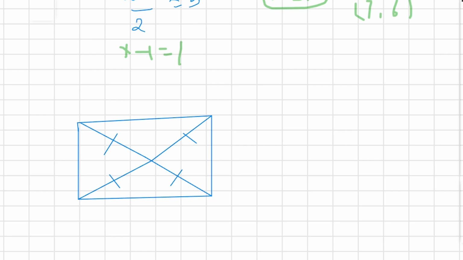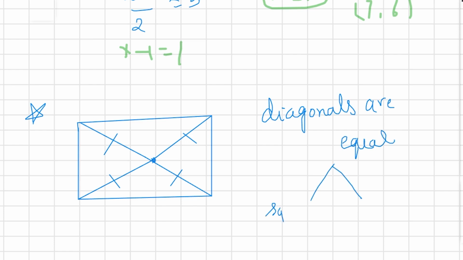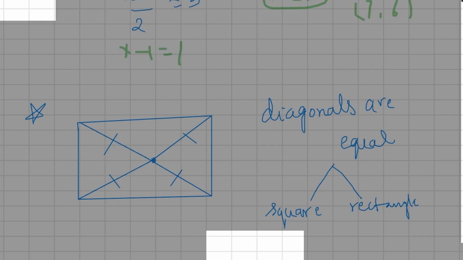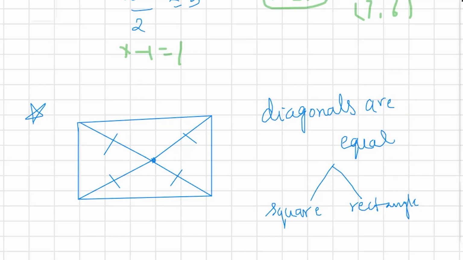In which case does it happen? The diagonals are also equal. Diagonals are equal. That means it could be either square, rectangle, or rhombus. Wait, but rhombus has congruent diagonals?